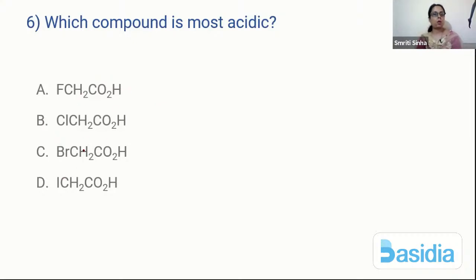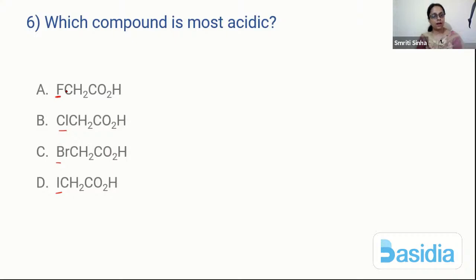You will see all of them have the same structure, except the difference is the presence of fluorine, chlorine, bromine, iodine. The more electronegative the atom present, the more it will stabilize the conjugate base, and therefore it will let its H plus go easily, and stronger will be the acid. That means you need to see where the more electronegative atom is attached.